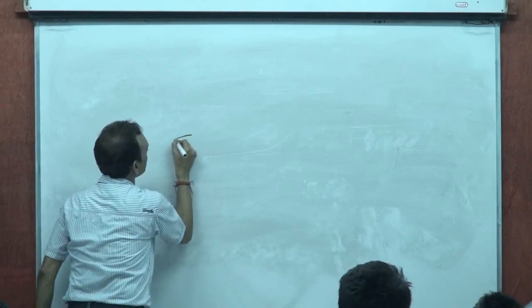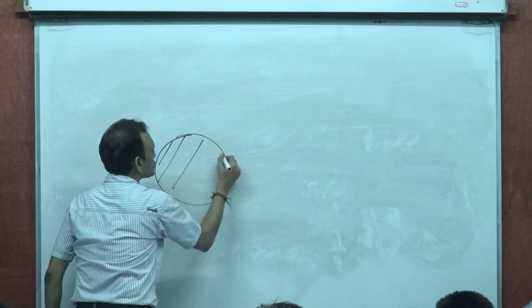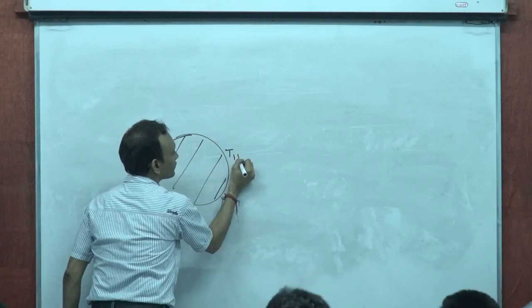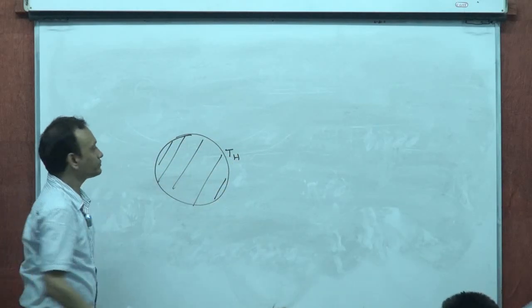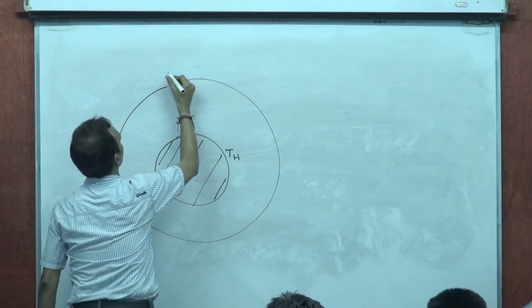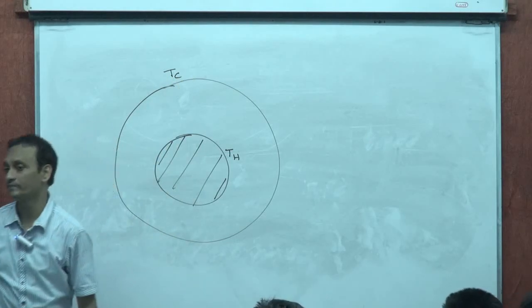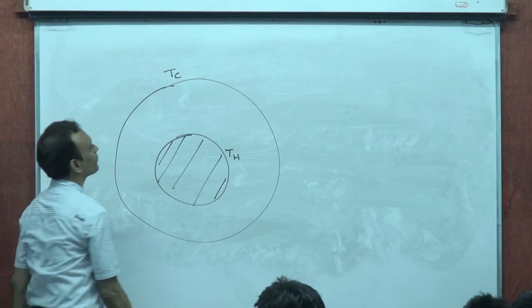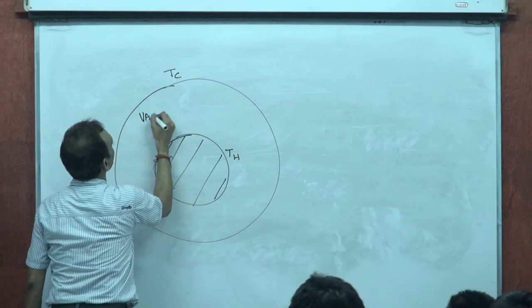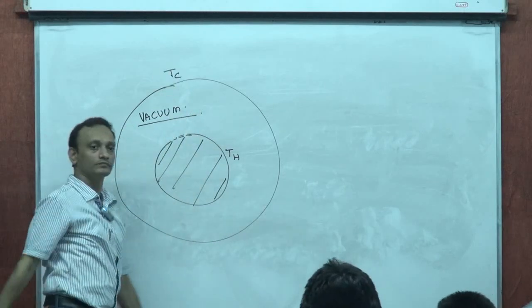However, you'll find, let's say, that if there is this hot surface, TH, right, and in an enclosure, which is a cold enclosure, temperature TC, right, and there was vacuum here.